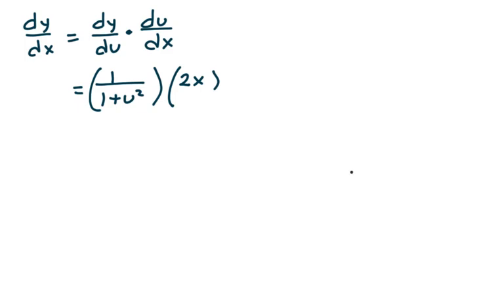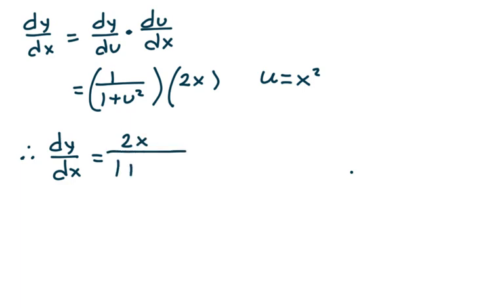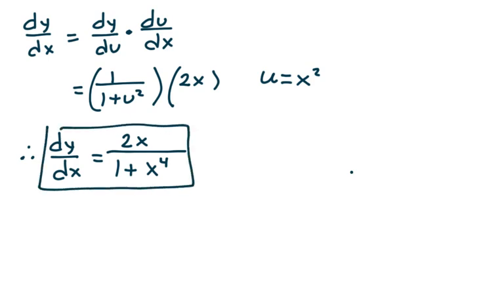But remember, u is equal to x squared. So if we substitute that in, we can say dy dx is 2x divided by 1 plus x raised to the 4th power. And that's example 2.